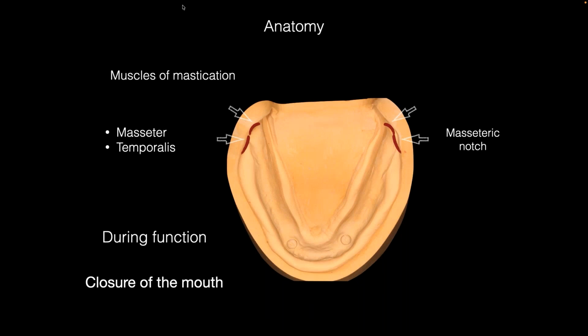During closure of the mouth, when the masseter bulges out, it leaves a depression there, which we call the masseteric notch, right? If our denture does not respect that, well, then guess what? When the masseter bulges out, it can knock the denture off. Or if your denture is overextended there, even if the masseter cannot knock the denture off, it can create a sore spot.